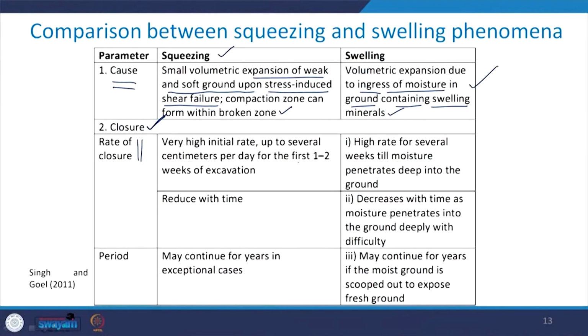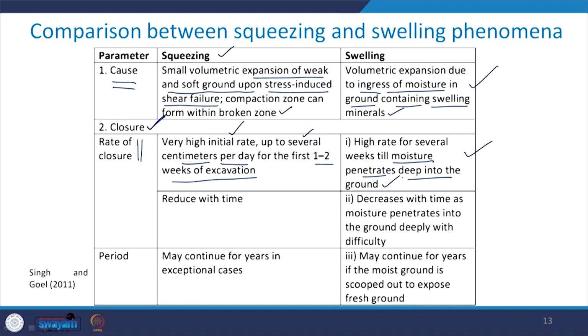In case of the squeezing condition, it has very high initial rate, and it can be up to several centimeters per day for the first 1 to 2 weeks of excavation. And in case of the swelling ground, it is the high rate for several weeks till moisture penetrates deep into the ground.